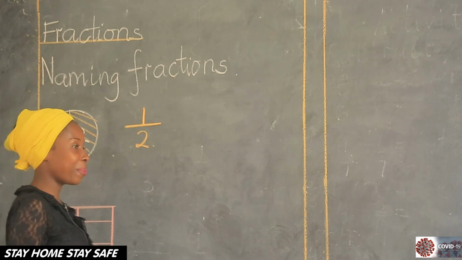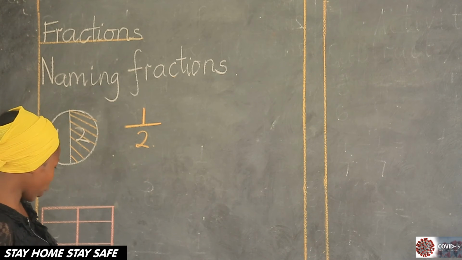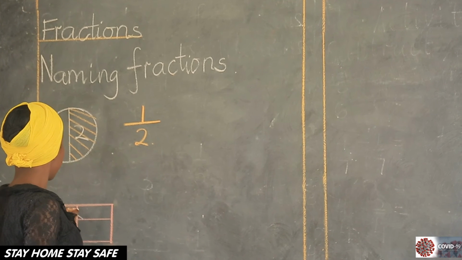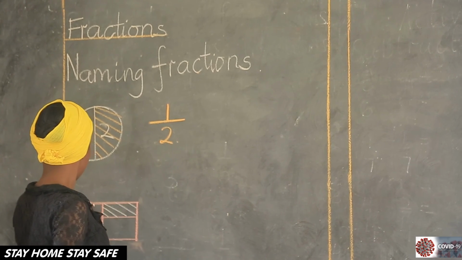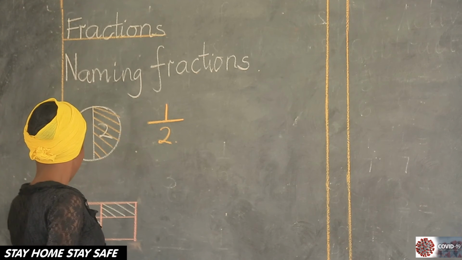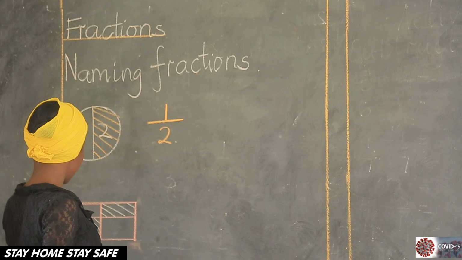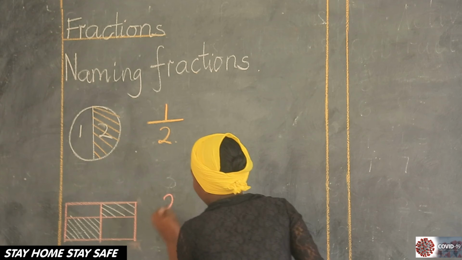We keep encountering math. Here I am, I have my shape here, and let's see the parts that are shaded. So how many parts are shaded here? Yes, there are 2 parts.